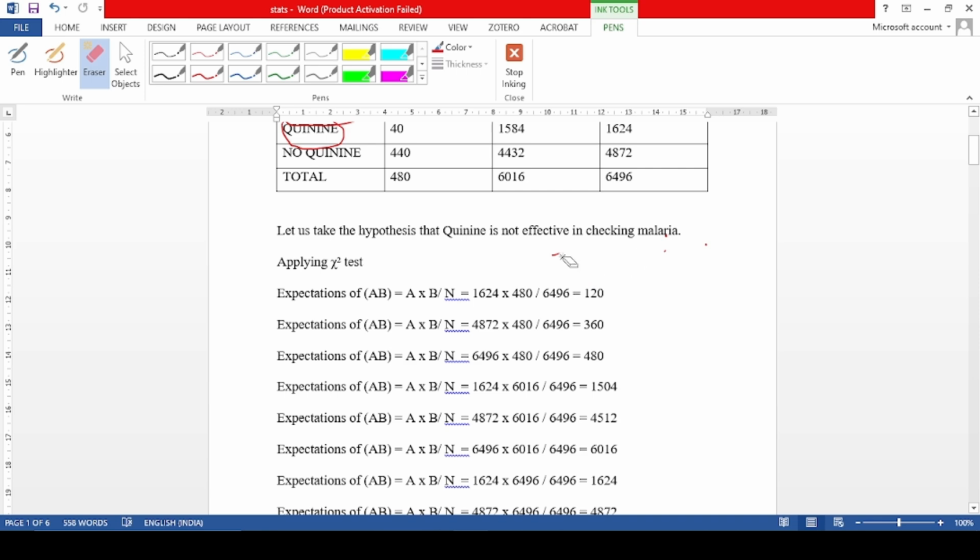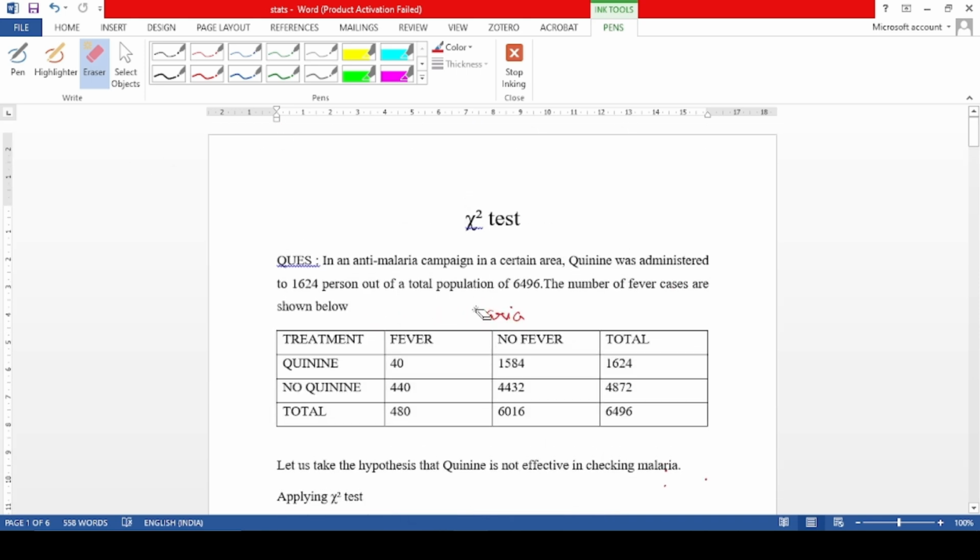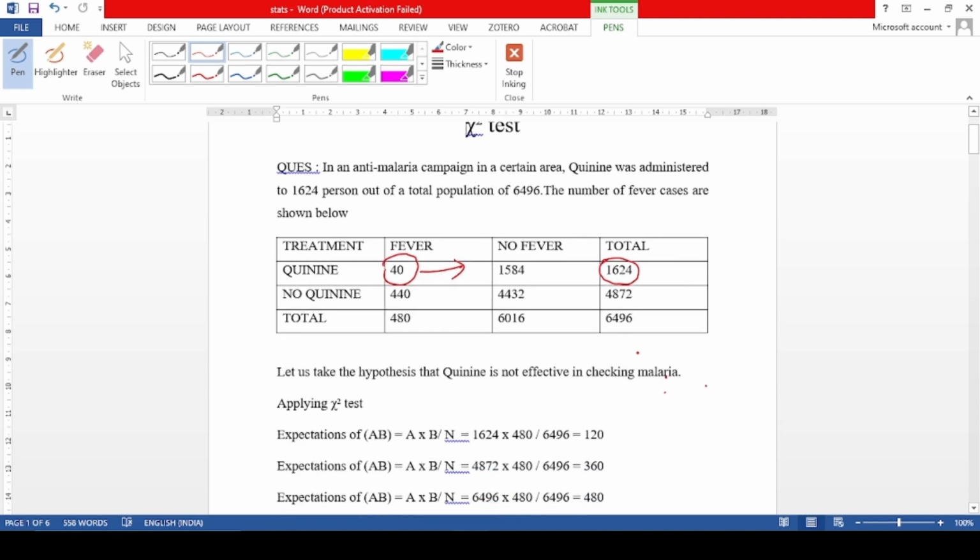So first of all, just see how the approach is being given. See this number 40. Now go towards the row and see what is the total of the row. Total is 1,624. Then see the column total.